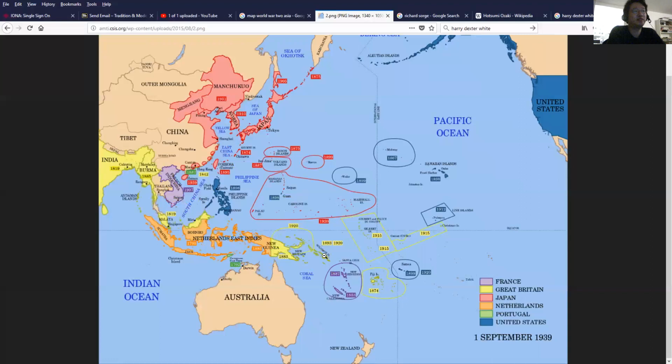But basically from the summer of 1942, August 1942, all the way until February of 1943, is a 6-month-long slog battle over the island of Guadalcanal. And the US and Japan throw everything they've got to take over Guadalcanal.